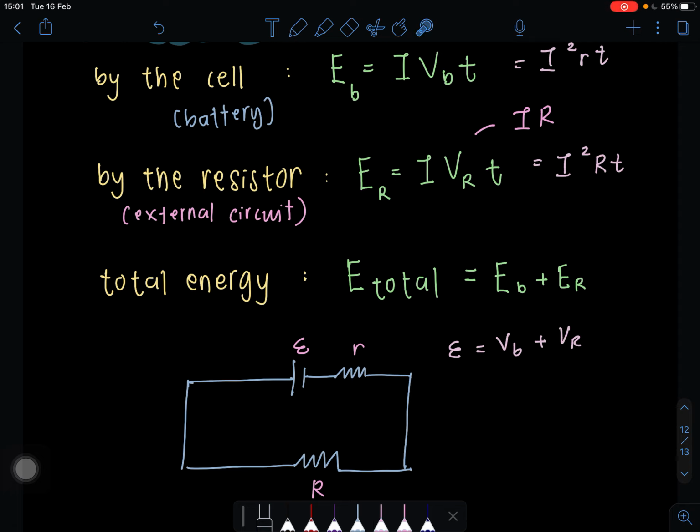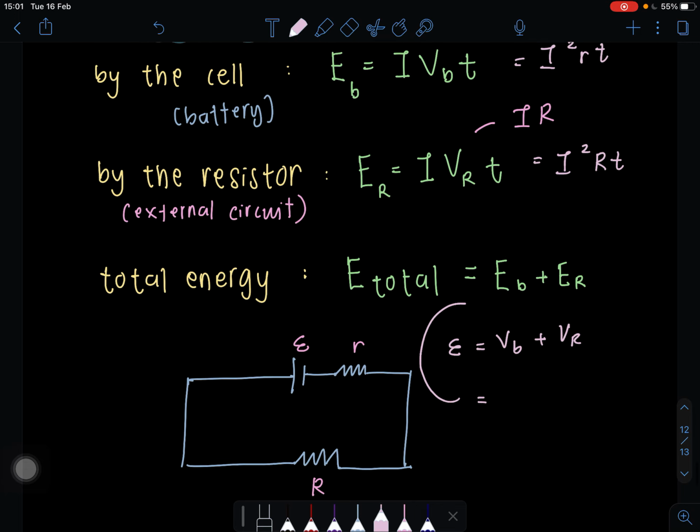Okay, before this I explained in the previous video for 3.4, EMF is equal to the voltage loss in the battery plus the voltage loss in the circuit. So meaning that here, we can simplify, the total energy will be equal to EMF times I times T.